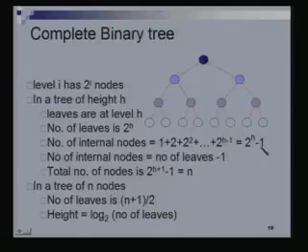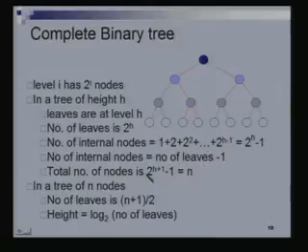So this is the number of internal nodes and the number of leaves is 2 to the h. So the number of internal nodes is the number of leaves minus 1. For a complete binary tree, the number of internal nodes is the number of leaves minus 1.